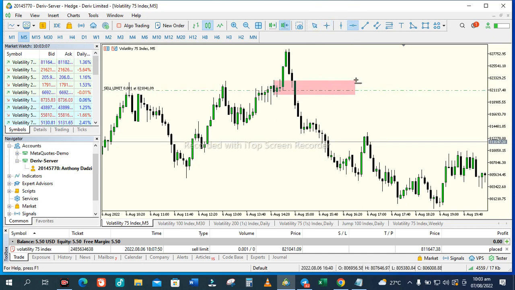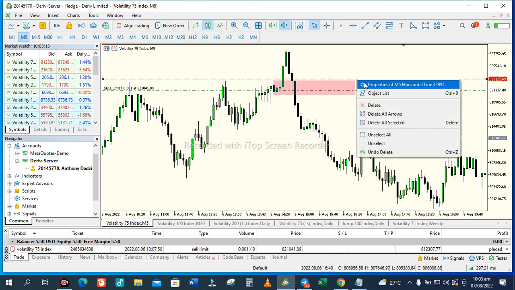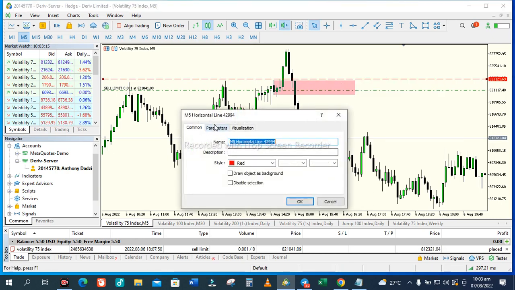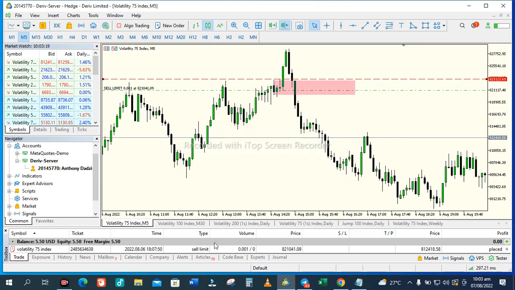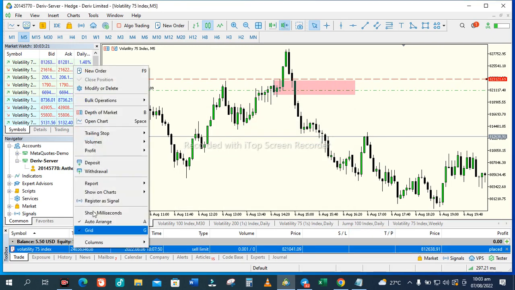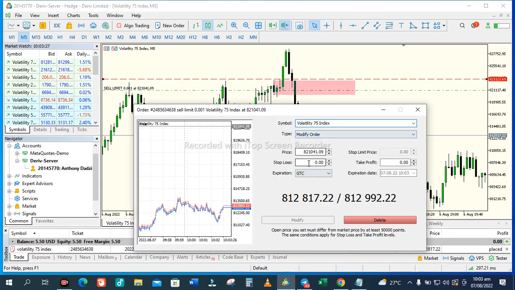Let me try and put my stop loss here. Modify. Okay.